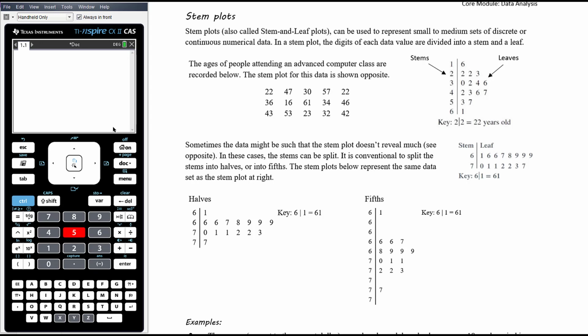Now the leaf can only be one digit, so the leaf has to be the last digit. It's important that that last digit represents the same units. Say, for example, these are ages, but let's say it was a different kind of data, and this data also included the number 12.1.